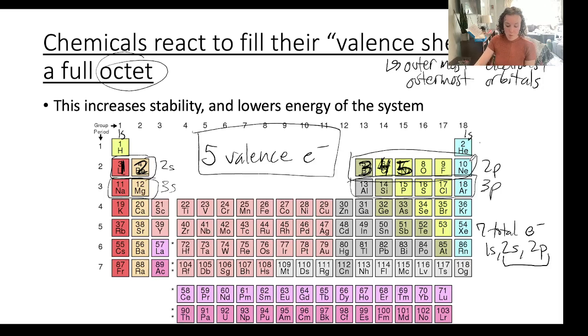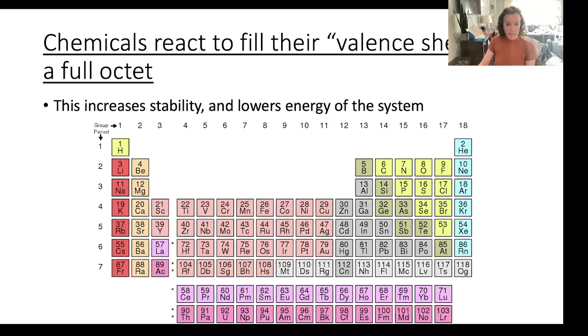We can compare nitrogen, if I erase my screen real quick, to an element like neon. Neon, if we count how many electrons are in its valence shell, has 1, 2, 3, 4, 5, 6, 7, 8.